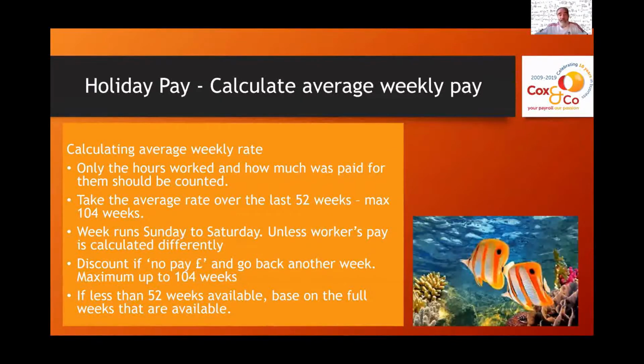The important thing is, we're all used to looking at 12 weeks. Prior to this, 12 weeks was what you would consider a reference period. Depending how you did it, you might have looked back a bit further, because ACAS made reference to a normal week's pay, and there was no definitive answer to what was a normal week's pay.